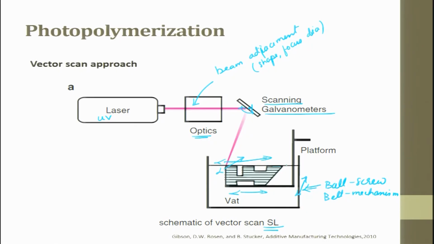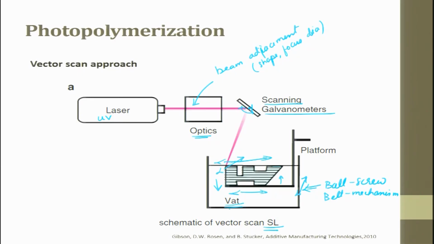Once a single layer is cured, the table is moved down by the required layer thickness, or whatever layer thickness you have assigned, it sinks down. Then once the cured object sinks down, fresh photopolymer fills on top of it. Again the laser hits on top of it and starts curing it. So, the repetitive curing of layers and sinking down of the vat helps in building a 3D object.